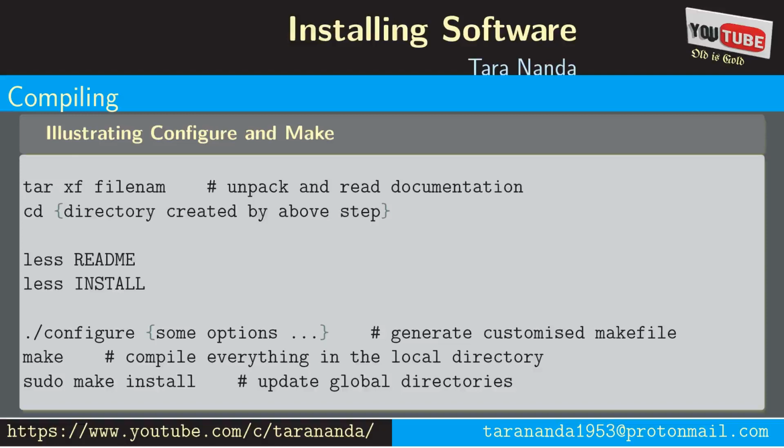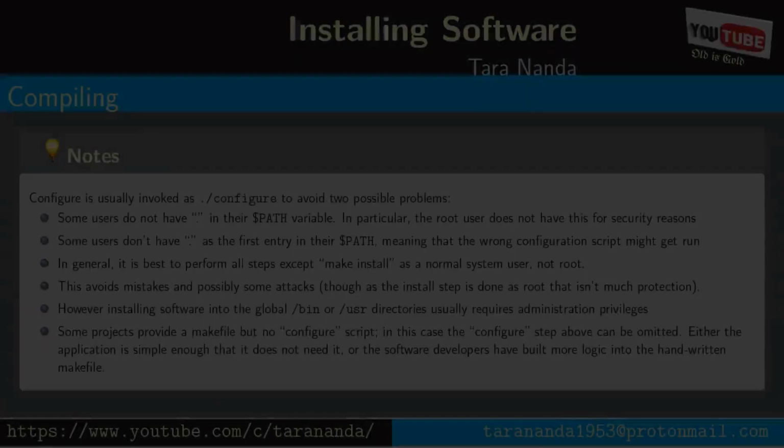Only the system administrator should be able to use them. So most software will install certain parts of the executable in the important directories /bin etc. And to do that you need the permission of the system administrator. So this completes the build process.